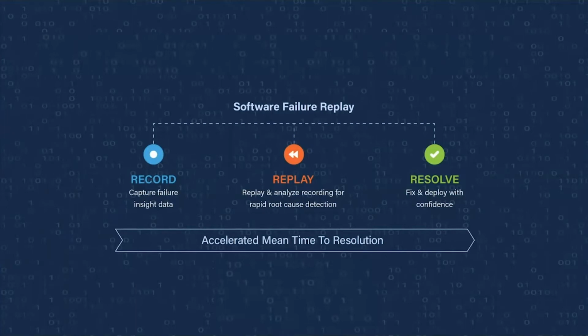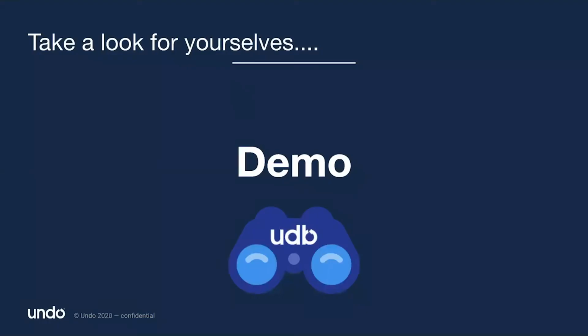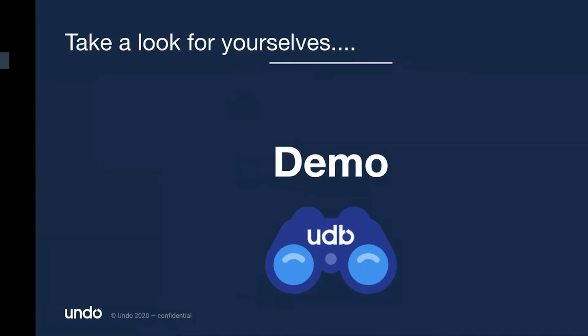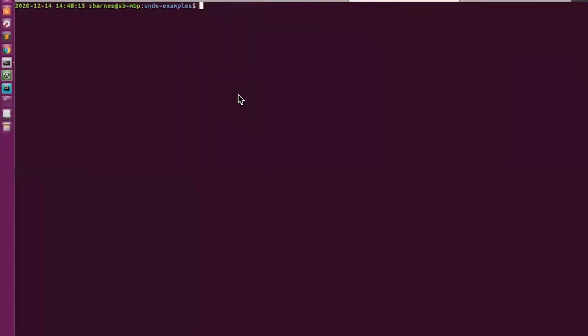So I have a demo that I can show you, and you can see this actually in action. This is a relatively short demo, and it's going to take a very simple problem, but it's useful to show you the type of strategy or workflow that Undo's technology helps you implement.